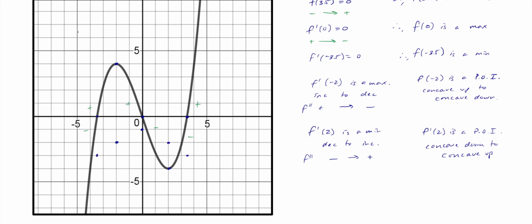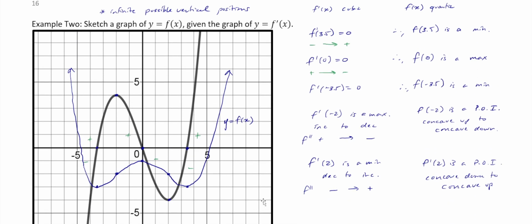And so I can draw my graph of the original function as follows. So I come down to a minimum. Now I'm going to be concave down, back to concave up, and there we go. And as you can see, for my original function, y is equal to f at x, I have a quartic shape.